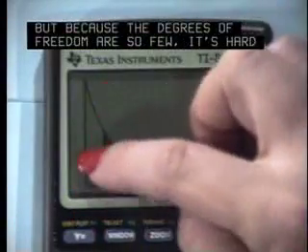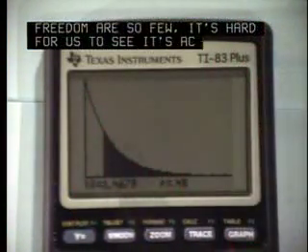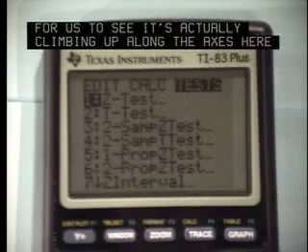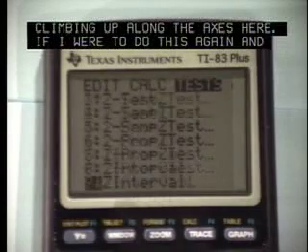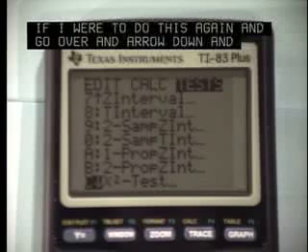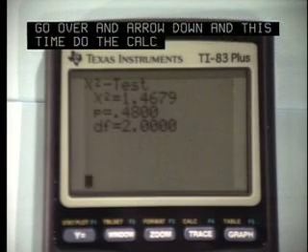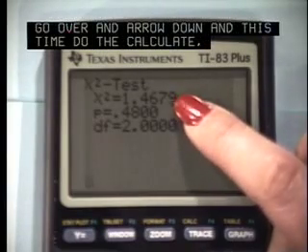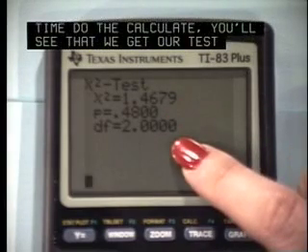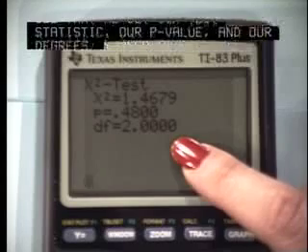It's actually climbing up along the axis here. If I were to do this again and arrow down, and this time do the calculate, you'll see that we get our test statistic, our p-value, and our degrees of freedom are 2 in this case.